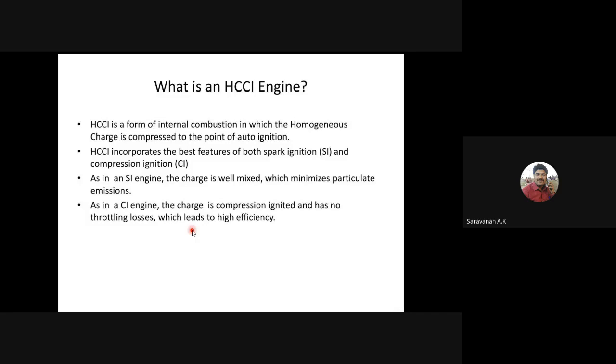For the light duty vehicles, the HCCI engine can run on gasoline or petrol, and it has the potential to match or exceed the efficiency of diesel fueled CI engines, without the major challenge of the NOx and particulate matter emissions.